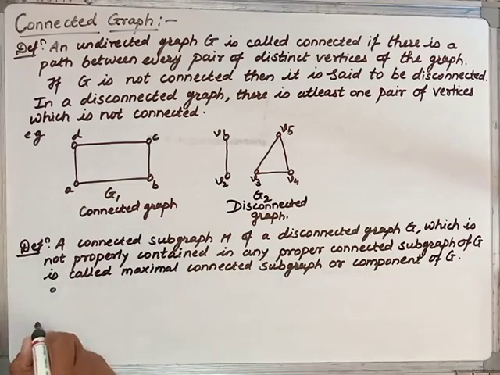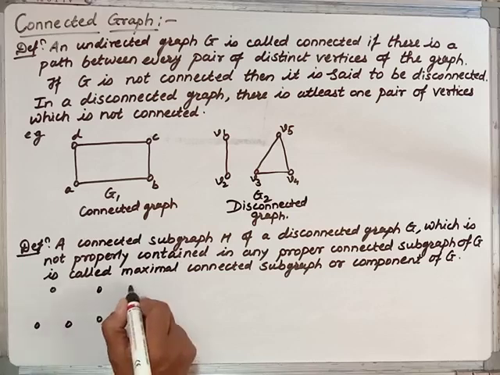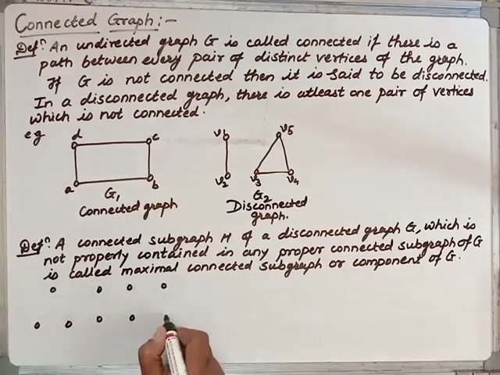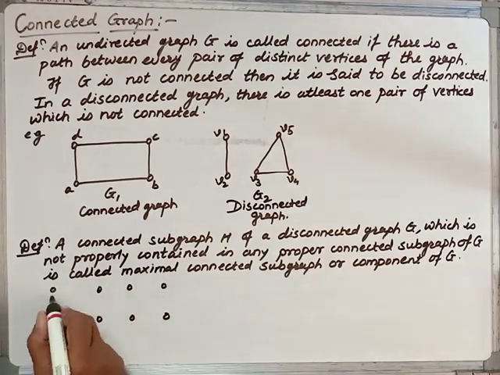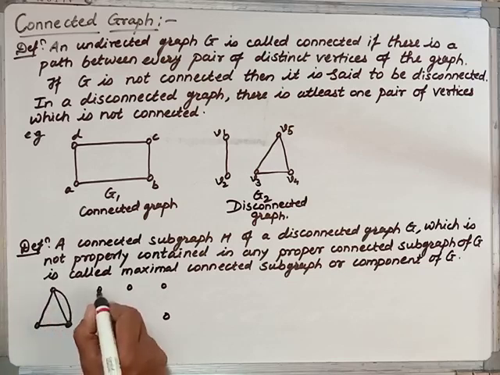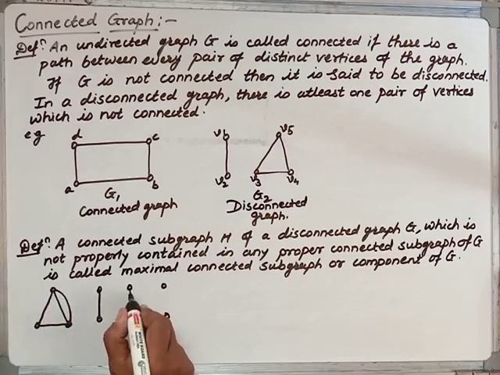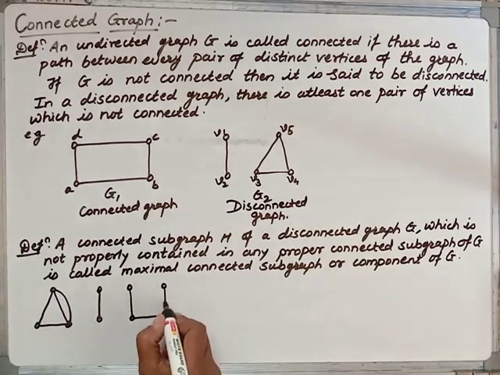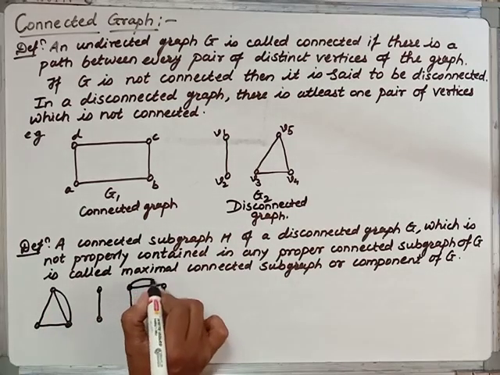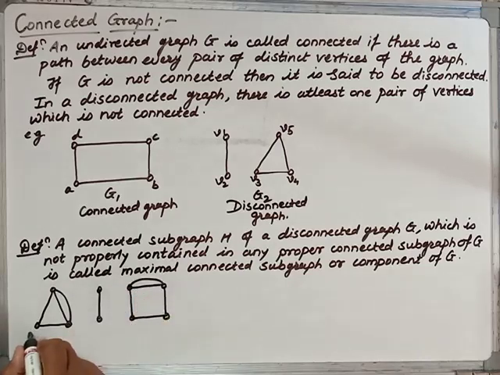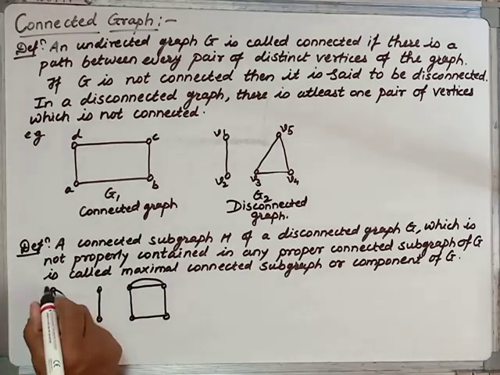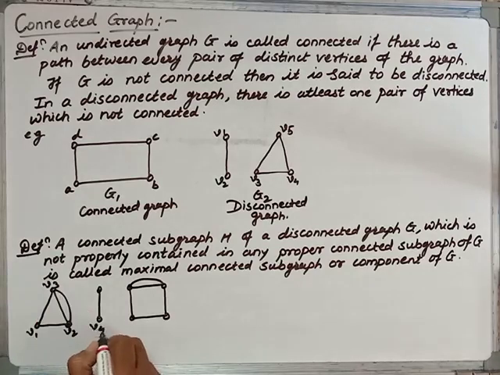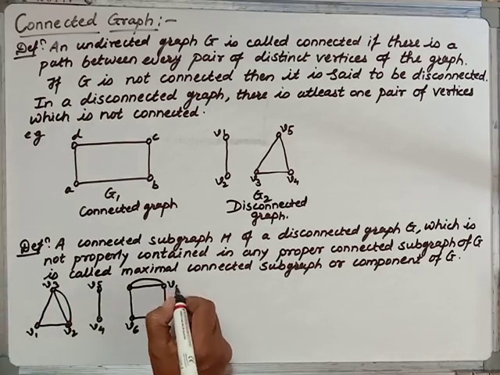Suppose G is this graph. Let it be V1, V2, V3, V4, V5, V6, V7, V8, V9.